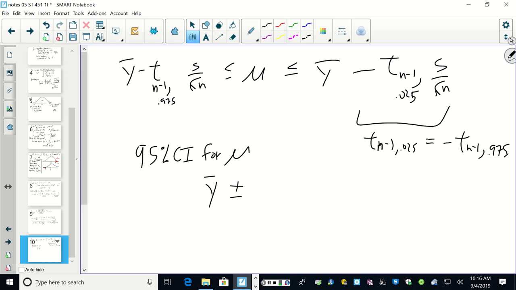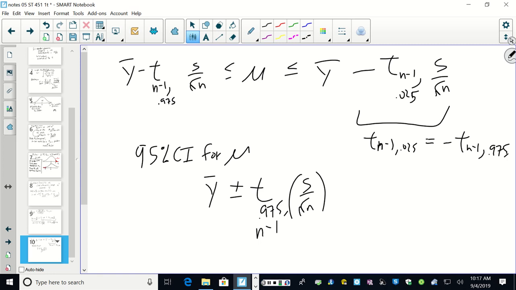Once you put that minus in there, it becomes plus on this side. It's written as plus minus, but it's really minus on the left and plus on the right, and you get this interval.